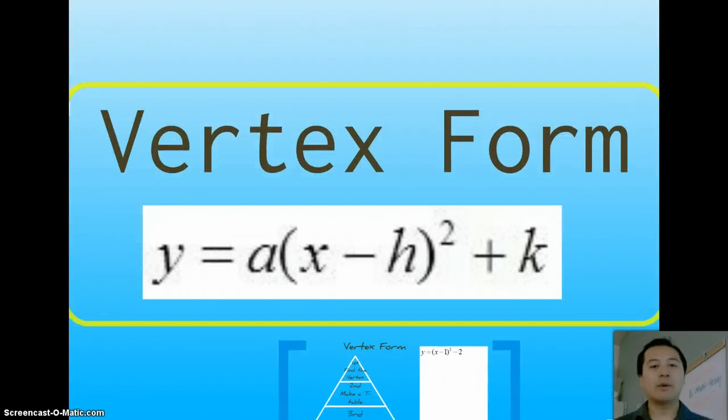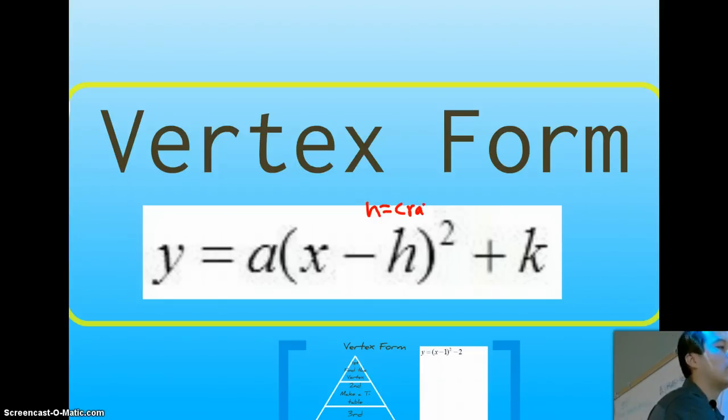There are a couple components in here. First of all, a. What does a look like? Usually people see that and it kind of looks like y equals mx plus b, doesn't it? They see a and they think that's a slope. No, parabolas don't have slopes. Only lines have slopes. But you remember h and k, right? What was h? H was the crazy horse, also known as the horizontal shift.